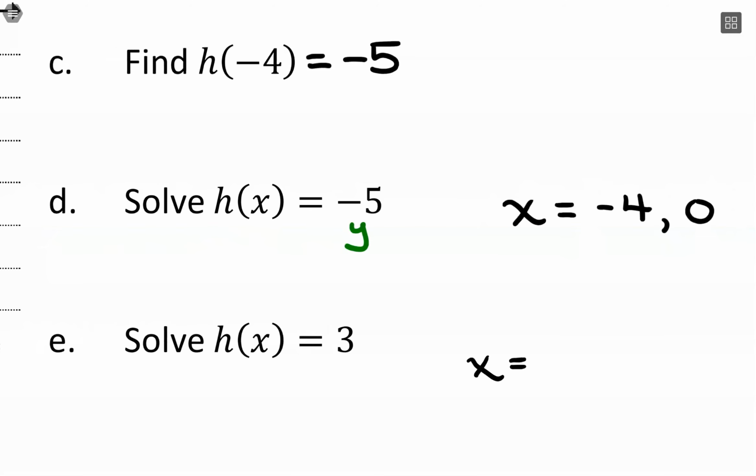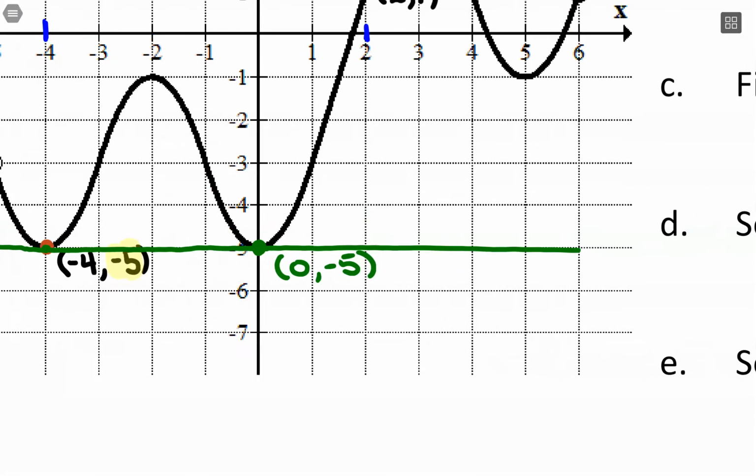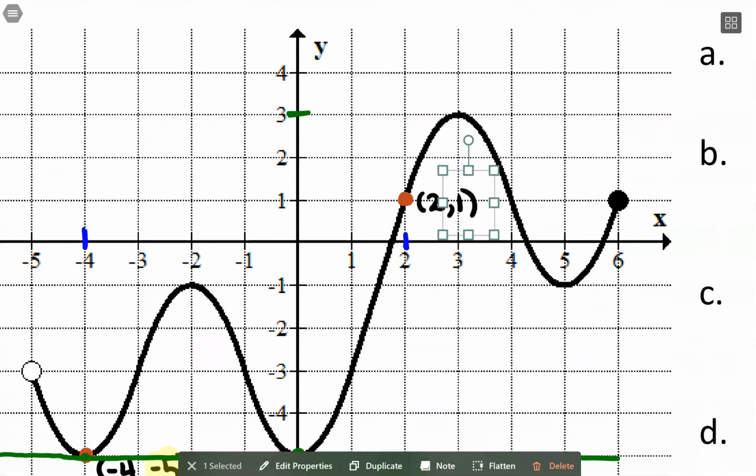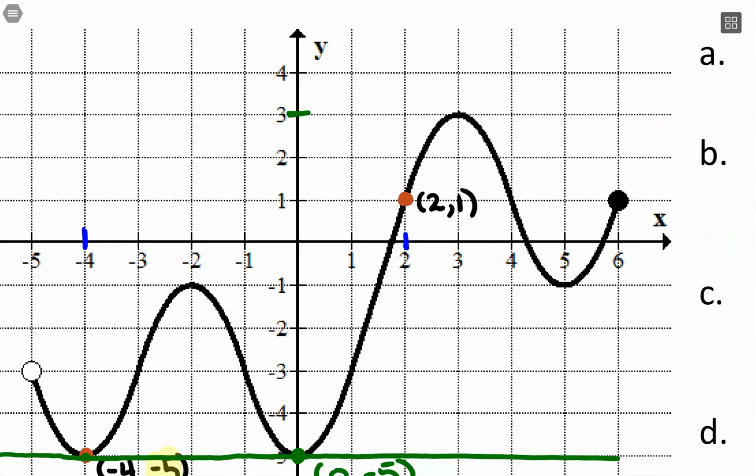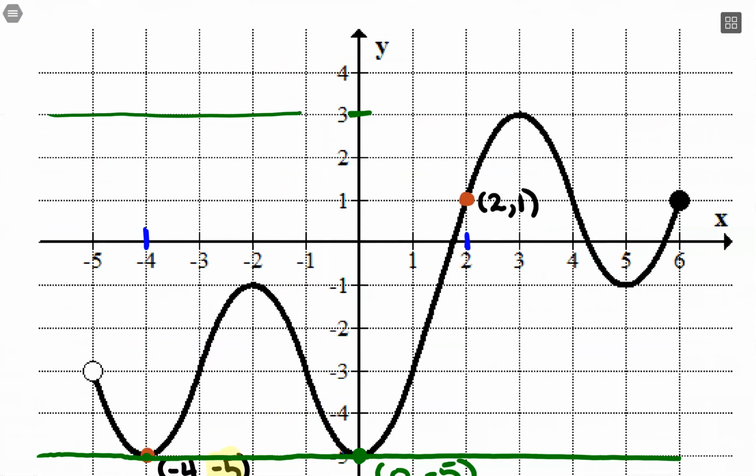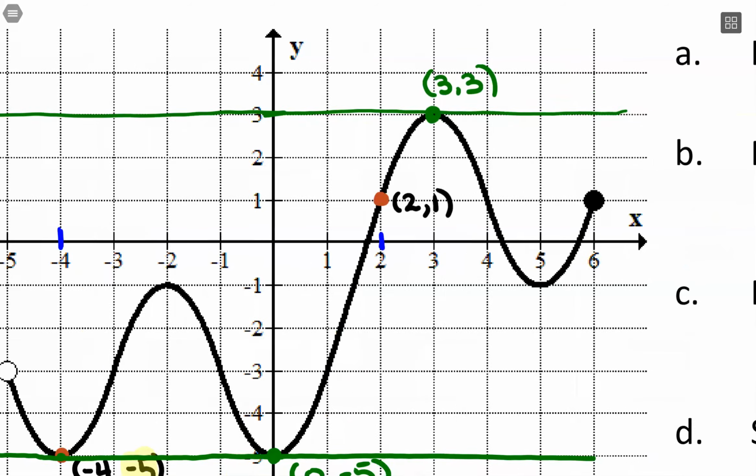Okay, h of x equals positive 3. I'm going to do the same thing. So I'm going to go to positive 3 on the y-axis. And then I'm going to visualize this horizontal line and look for all the spots where we intersect. And it's just going to be this one spot at 3, 3. So with that, I want to grab the x coordinate as our answer.